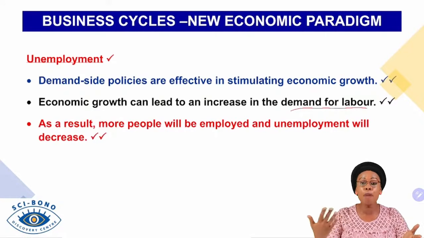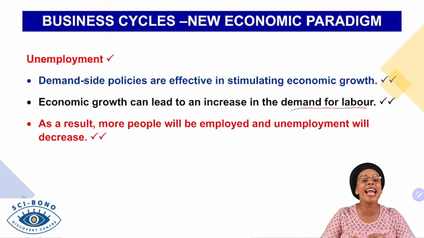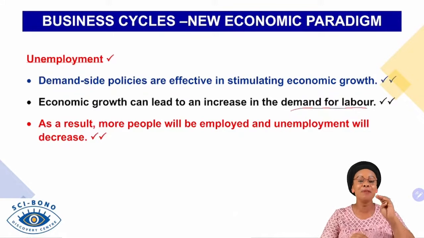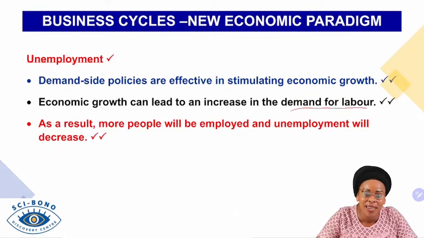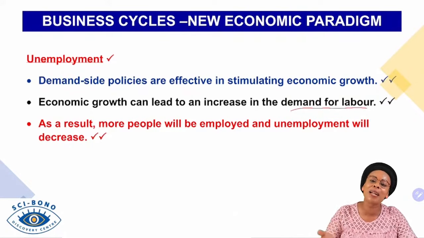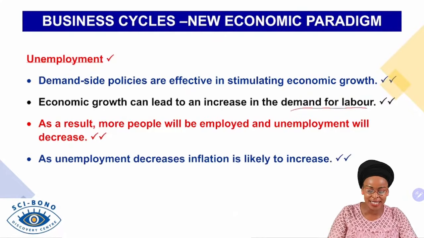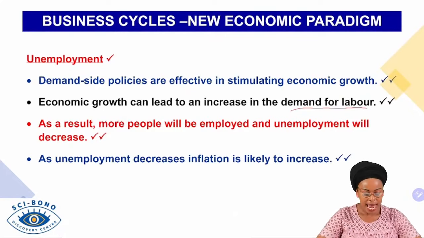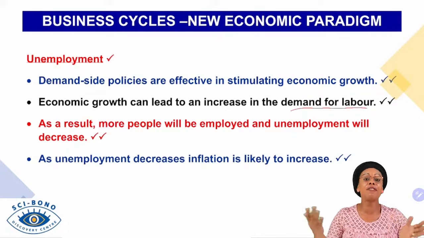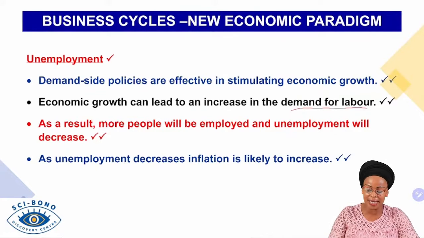As a result, more people will be employed, and unemployment will do what? Unemployment will decrease. Remember what I said? As unemployment decreases, more people are working, they are demanding more, supply does not respond, price goes up. Inflation kicks in. As unemployment decreases, inflation is also likely to increase.